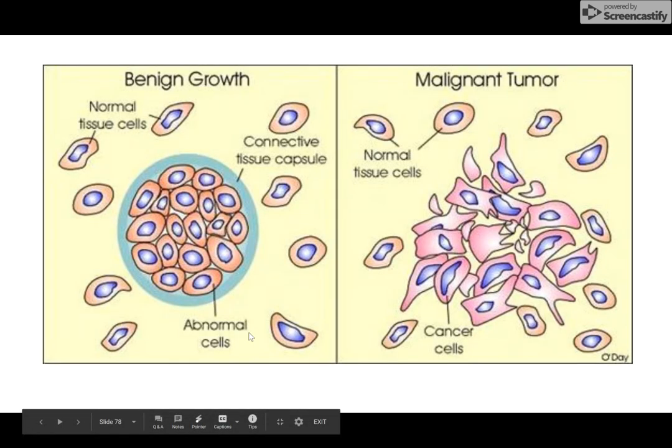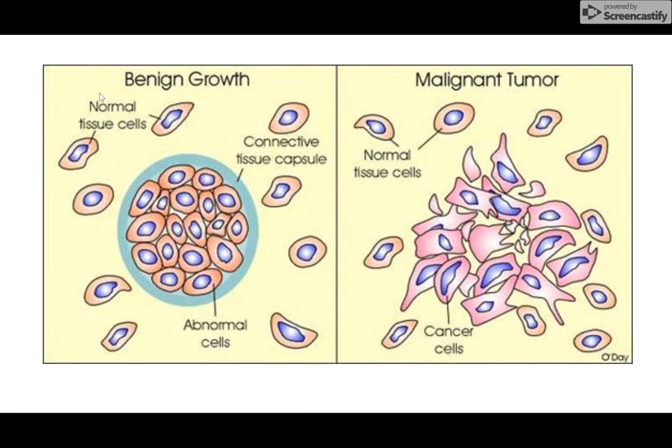So here you can see what benign growth looks like. You can see the abnormal cells. Some of them are slightly misshapen, and they're more clustered together because they've divided more rapidly than they should have. But generally, they're still functioning.